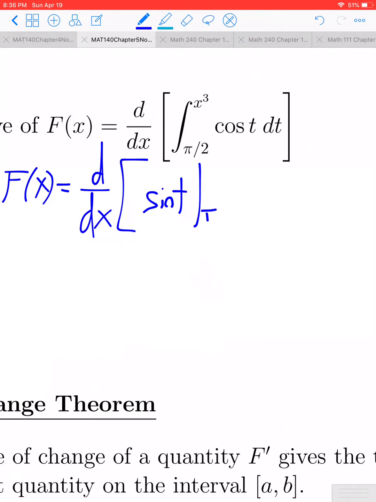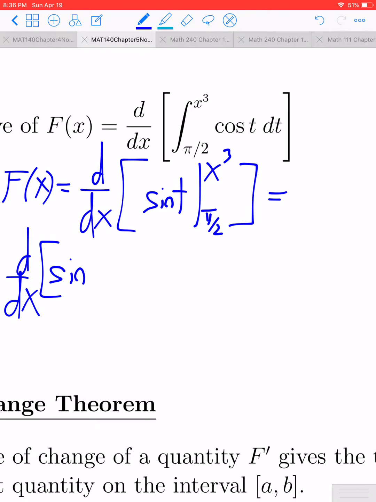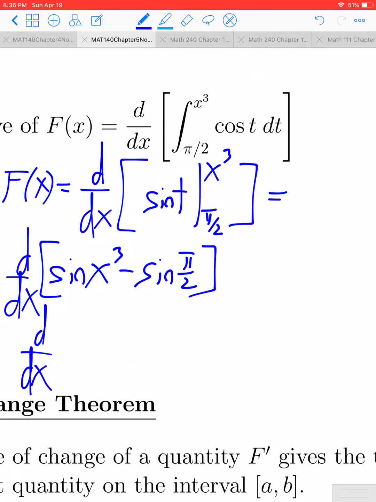We're going to evaluate that from pi over 2 to x cubed. This is going to be equal to d dx of the sine of x cubed minus the sine of pi over 2. Sine of pi over 2 being 1.